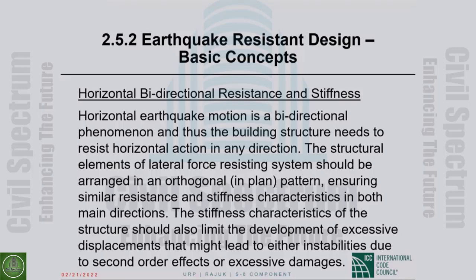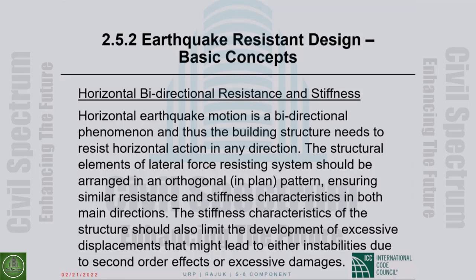The structural elements of the lateral force resisting system should be arranged in an orthogonal pattern, ensuring similar resistance and stiffness characteristics in both main directions. That is not always up to the engineer. The architecture of the building will dictate much of this. The stiffness characteristics of the structure should also limit the development of excessive displacements that might lead to either instabilities due to second order effects or excessive damage.